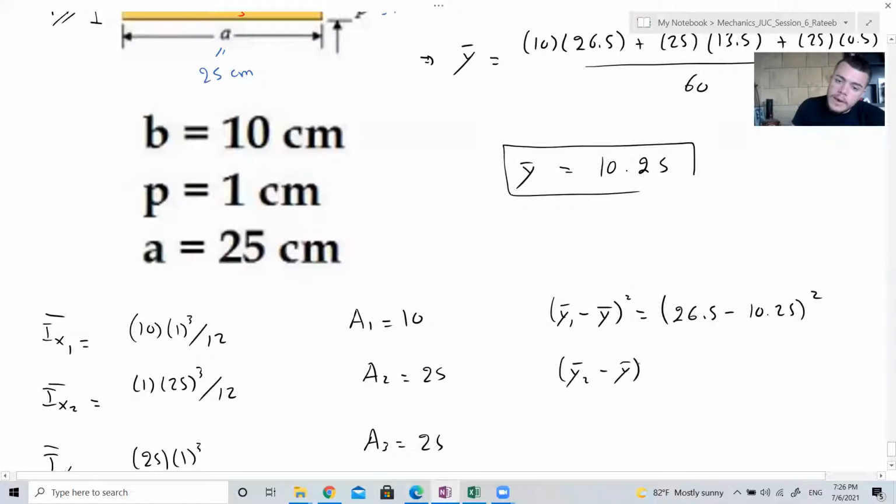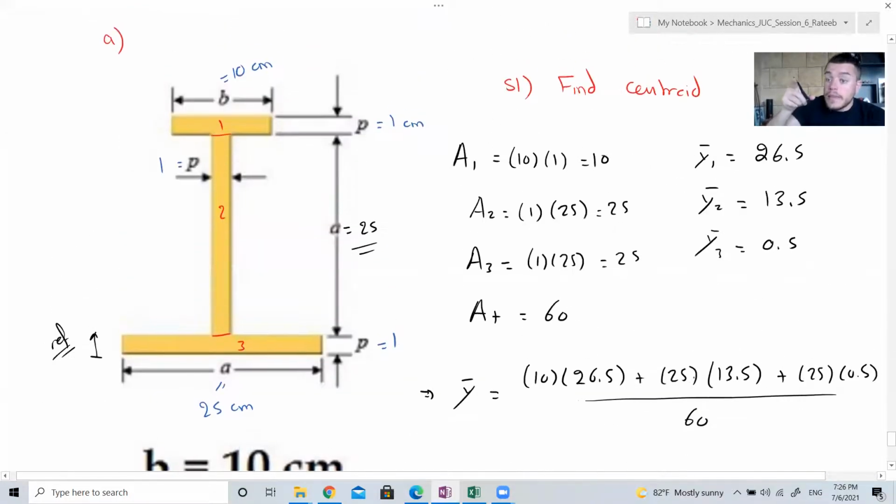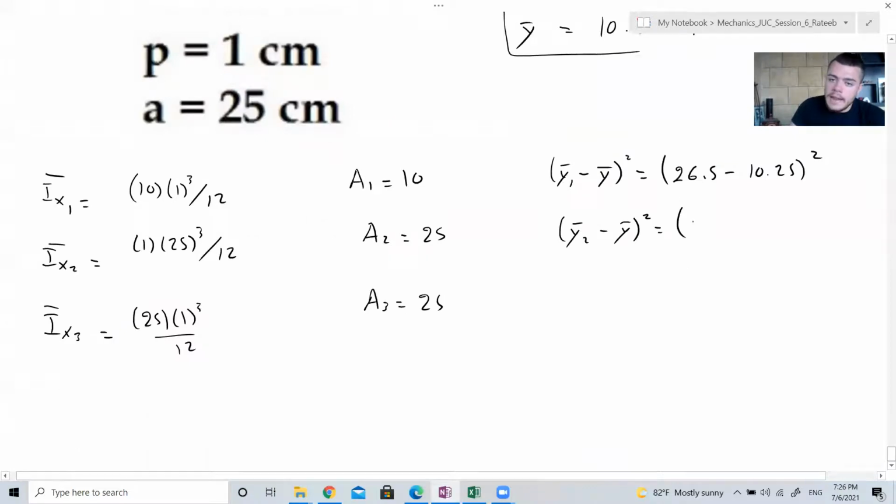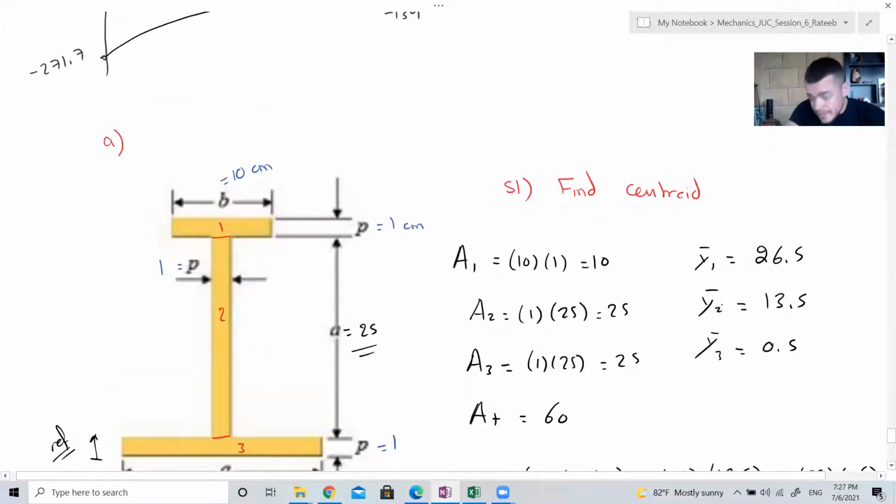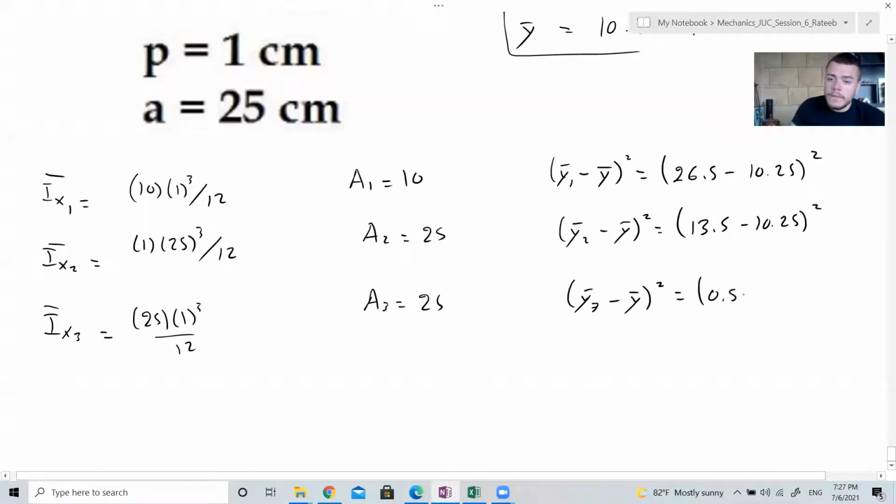y2 bar minus y bar squared is 13.5 minus 10.25 squared. And y3 bar minus y bar squared is 0.5 minus 10.25 squared.